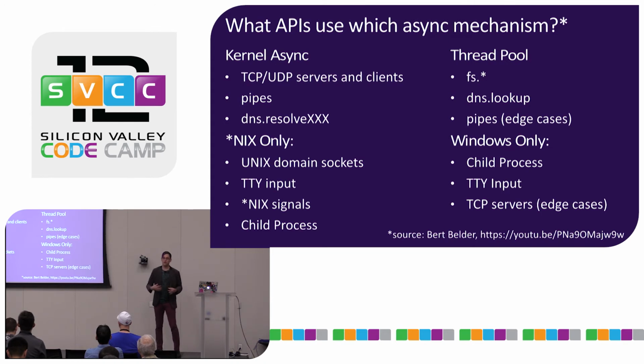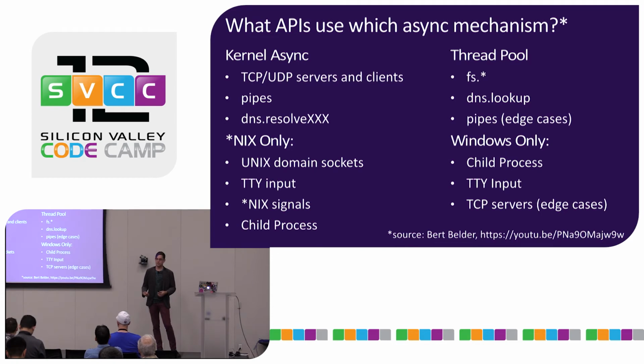Now, those are the common ones. There's a couple of them that vary from operating system to operating system. So on Unix systems, both Mac OS and Linux, as well as FreeBSD and whatnot, Unix domain sockets, the thing I mentioned much earlier that is used for inter-process communication, these are done inside the kernel. All of our TTY input. So TTY input is all of our console logging, things that we're writing to standard out, standard error, standard in.